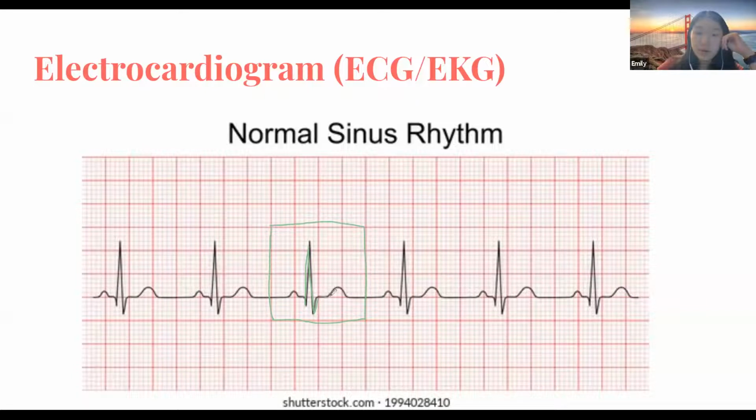And then this other bump here is basically the heart resetting itself to its normal state in preparation for the next beat. So those are the parts of an EKG. This is what an EKG looks like if your heart is completely normal, beating correctly, and you're super healthy. This is what you want to see.